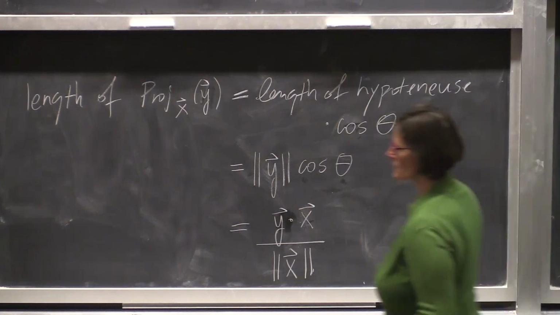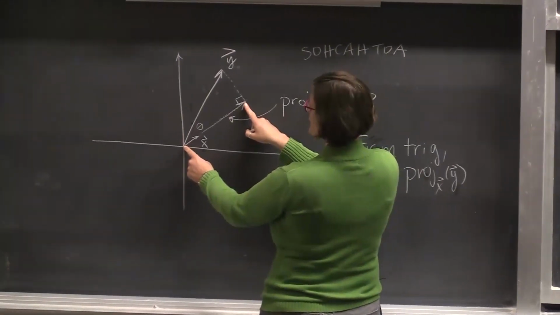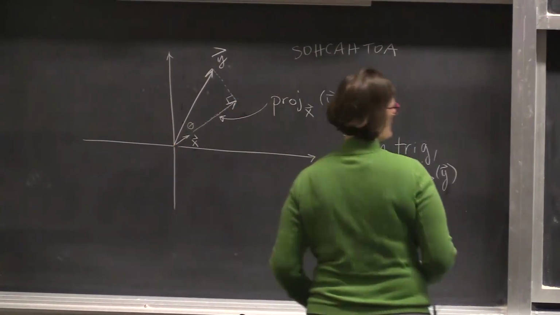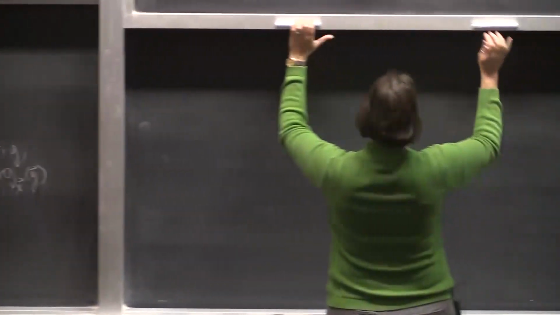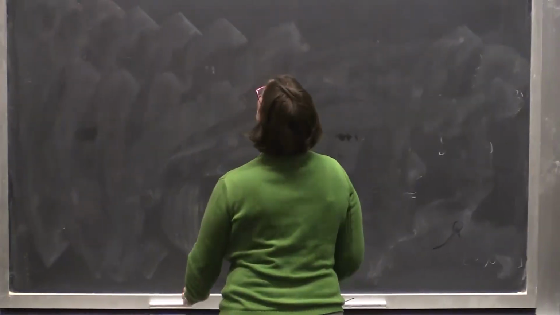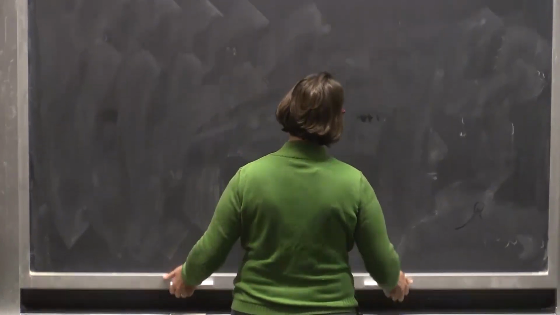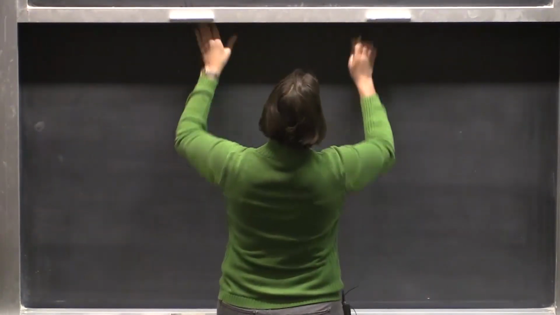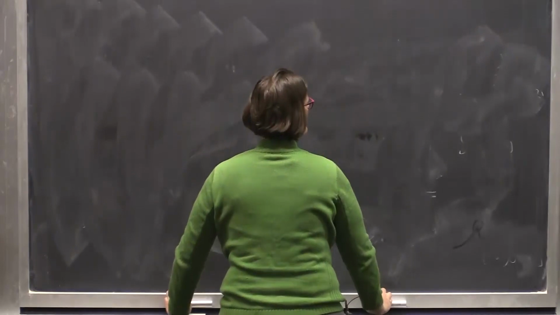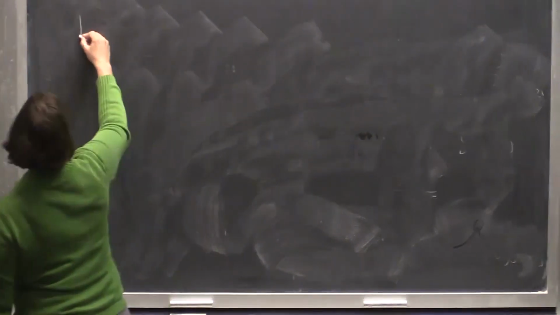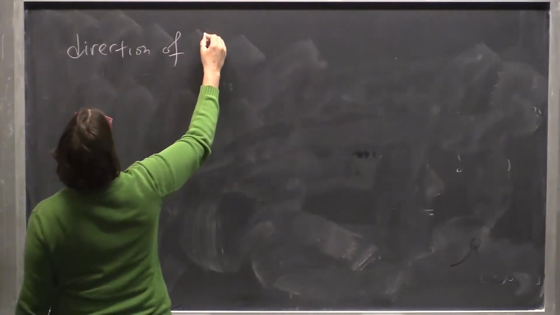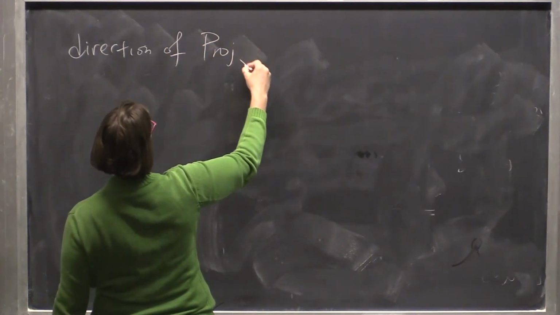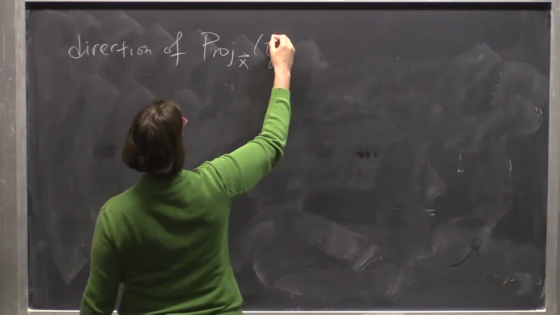To get this vector, we need its length and we need its direction. So we've got its length. Direction of the projection onto x of y.